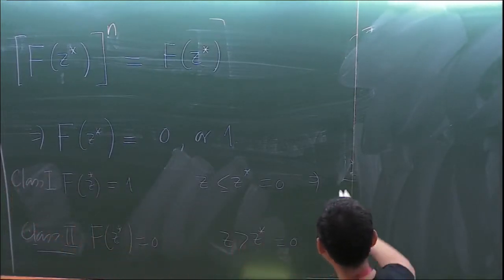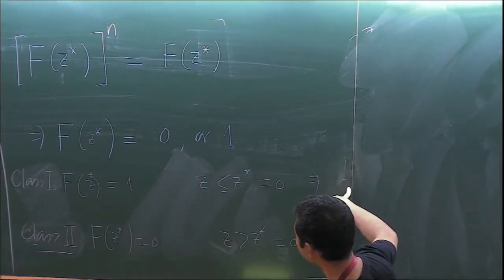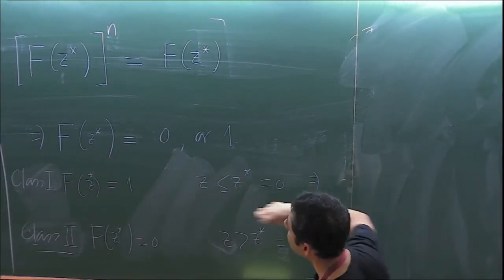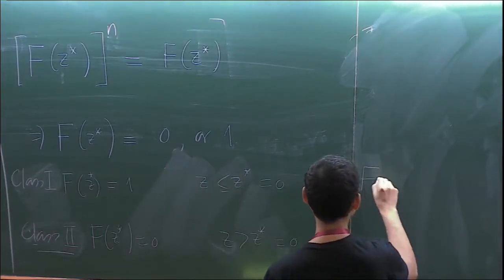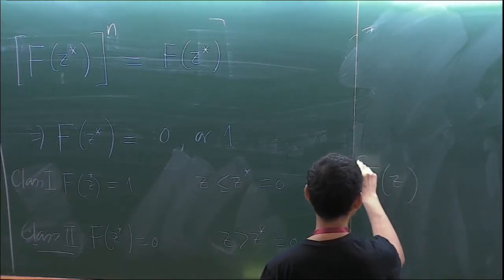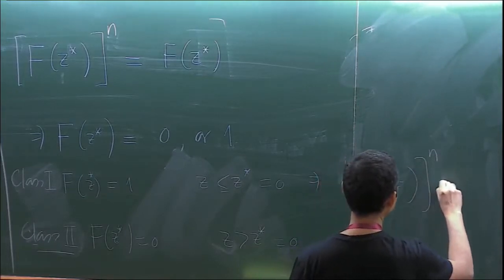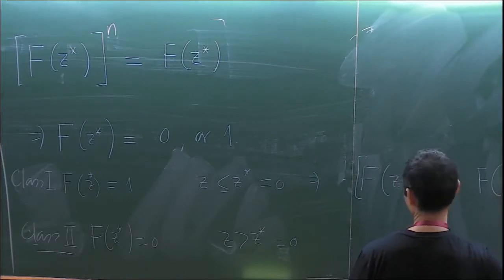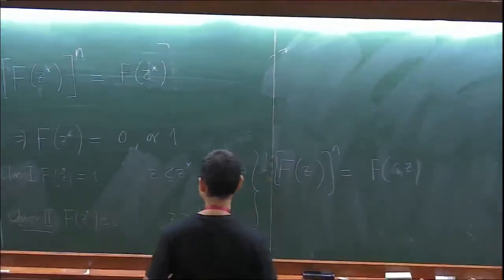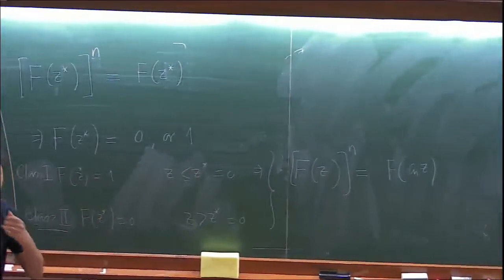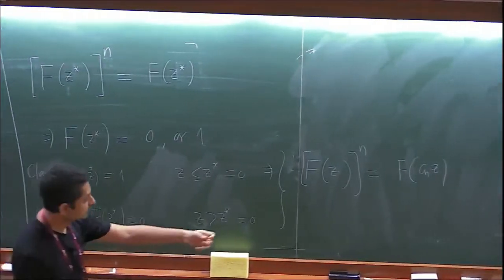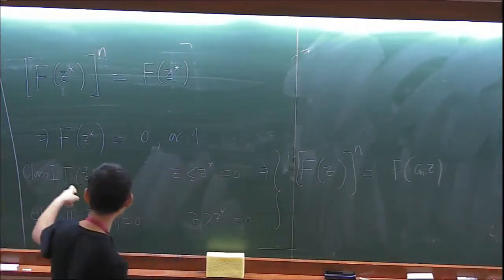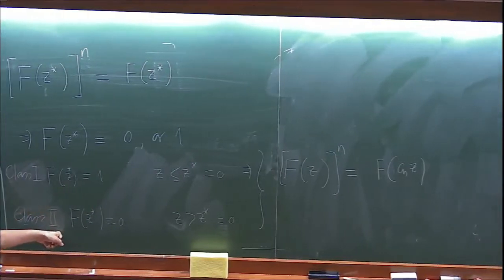So what is the equation I have to solve? With dn equal to 0, I have to solve this equation: f of z to the power n is equal to f of cn z, for both these classes. The solution of this equation with these different boundary conditions should give me two different kinds of functions.